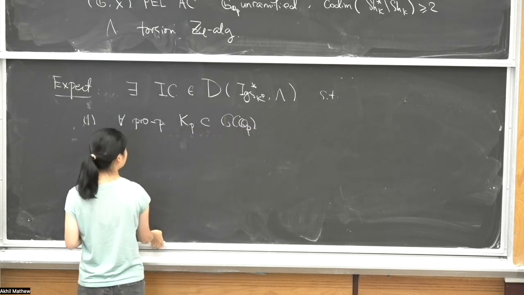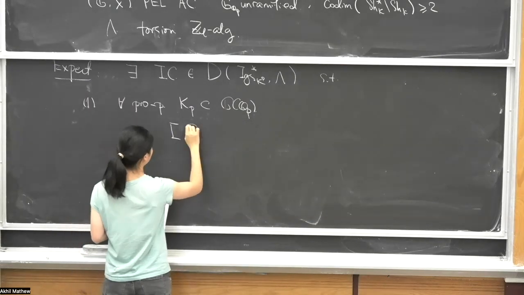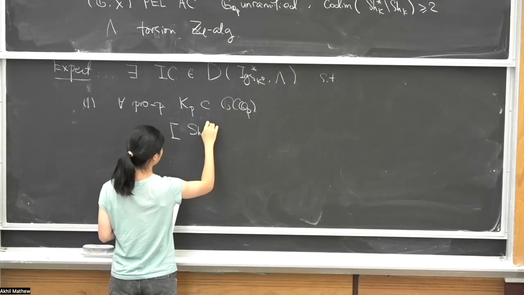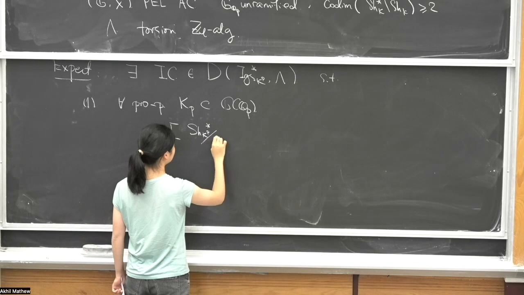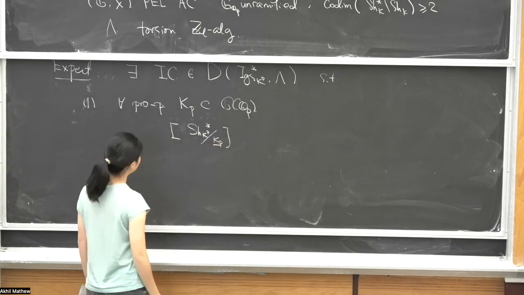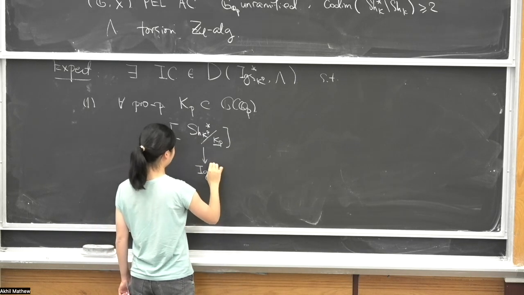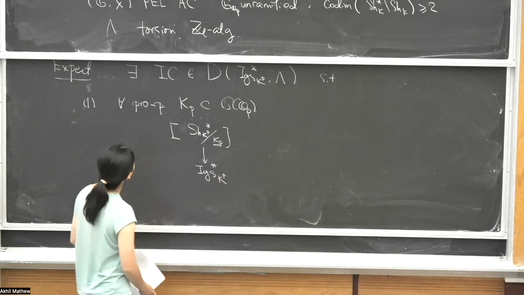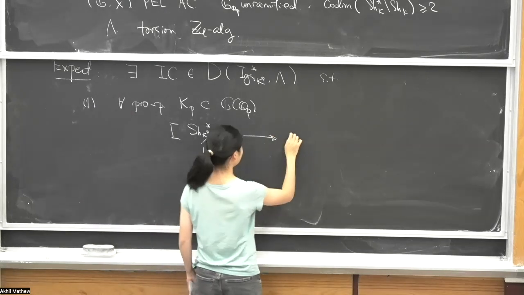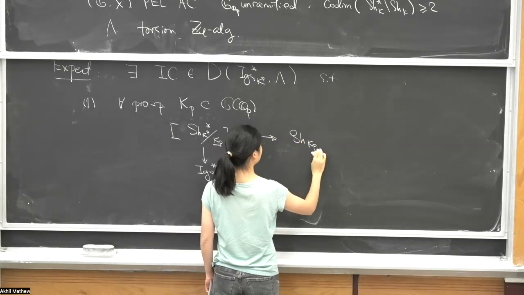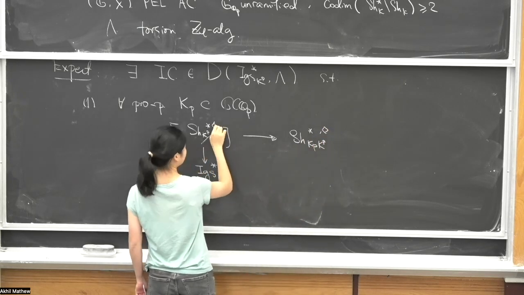For any pro-p subgroup, open compact subgroup K_p of G(Q_p), I can look at the minimally compactified Shimura variety at infinite level, quotienting out by this level subgroup as a stack quotient, which maps to the minimally compactified Igusa stack, because the vertical map above is G(Q_p)-equivariant, and this projects to its coarse moduli space, which is the Shimura variety at the finite level.